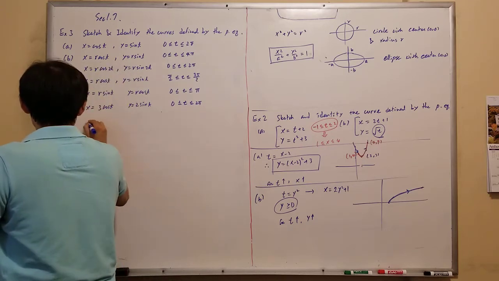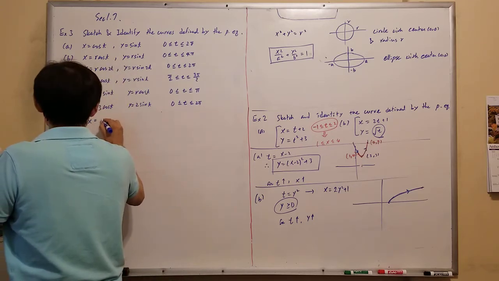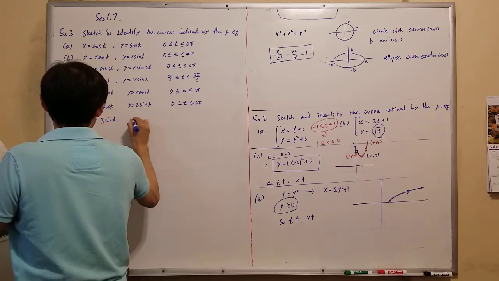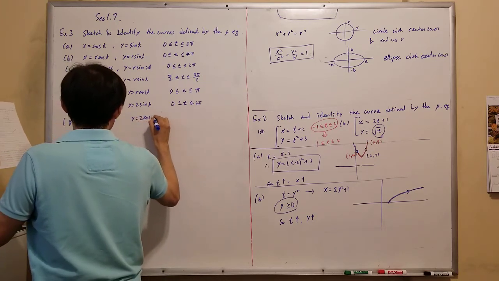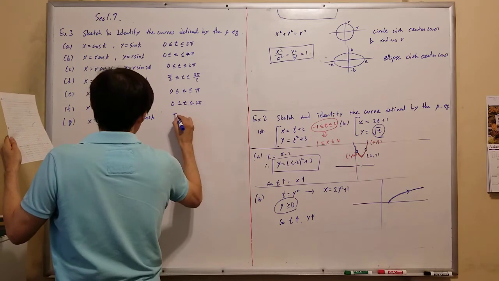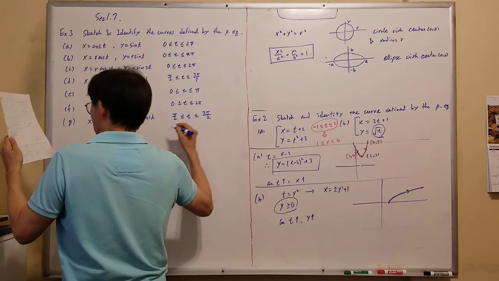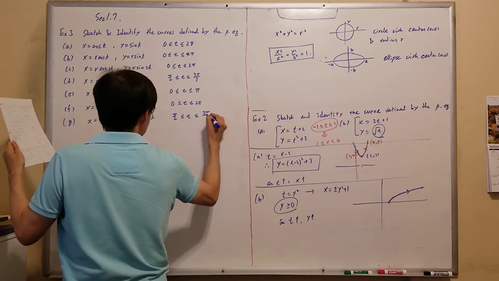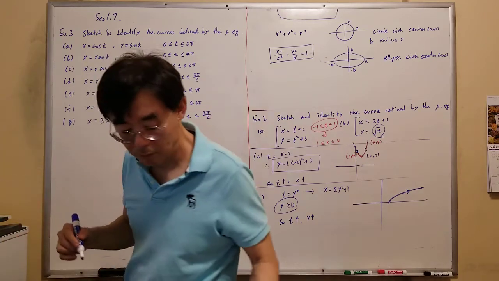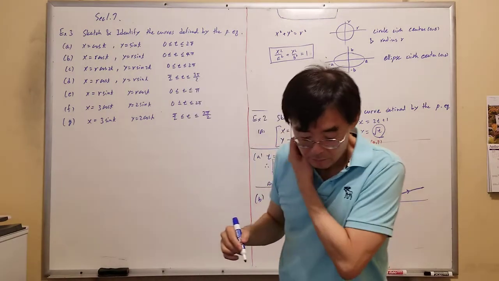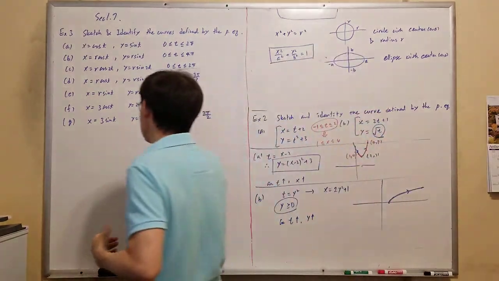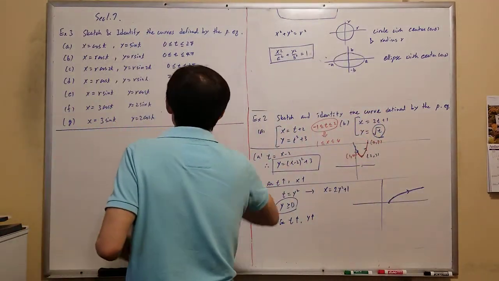G, x equals 3 sine t, y equals 2 cosine t, pi over 2 to 3 pi over 2. Okay. All right.